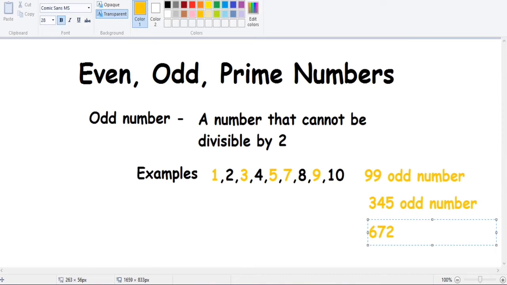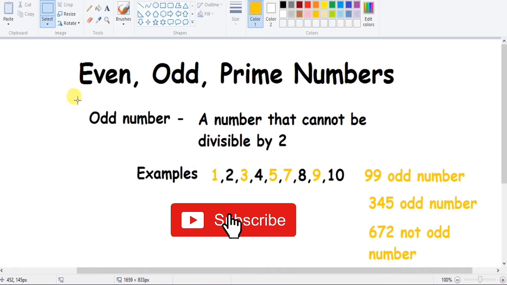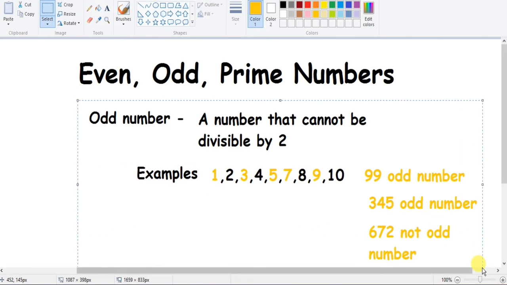Is 672 an odd number? No, it is not an odd number. So this is the example, and I hope you've understood what an odd number is. So let's go to the next type of number, which is the prime number.